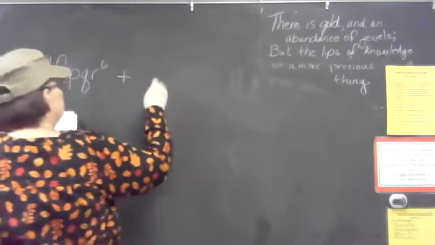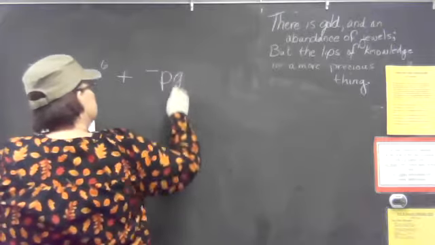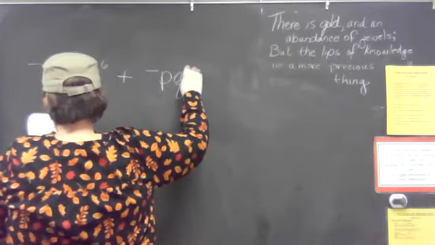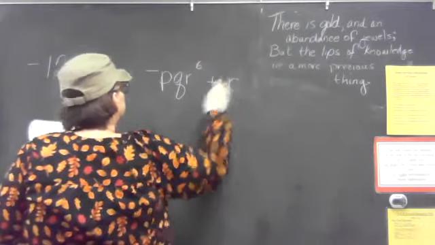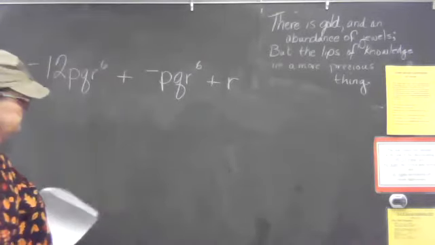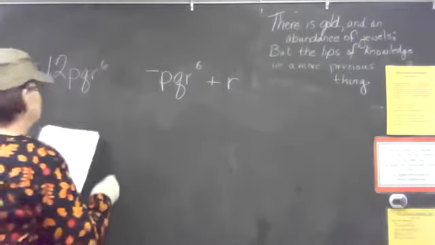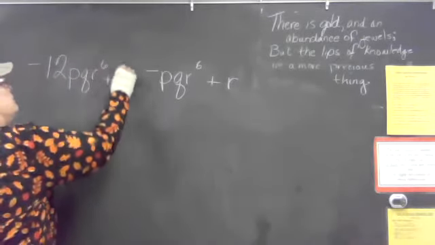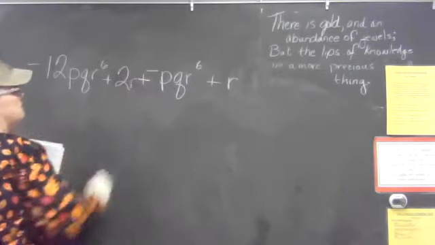And so we're supposed to add a negative p q r to the 6th plus r, plus 2r. And then I'm supposed to add these.